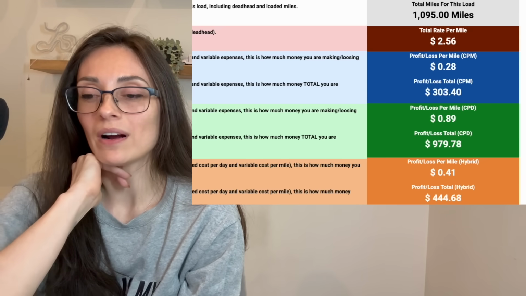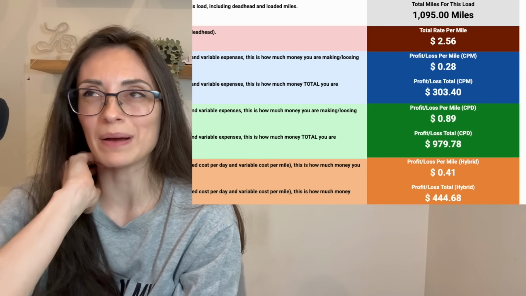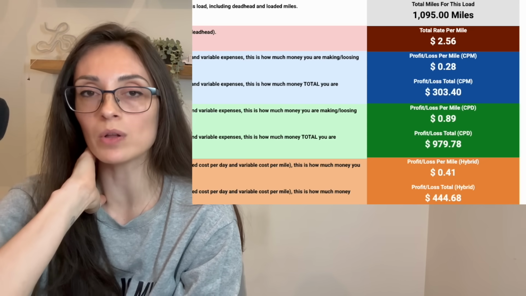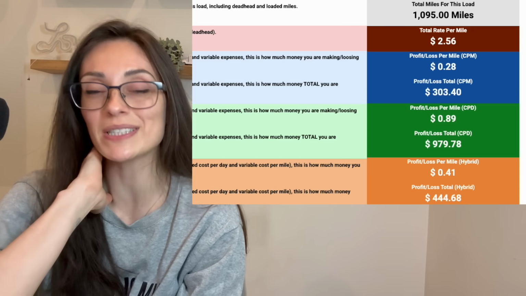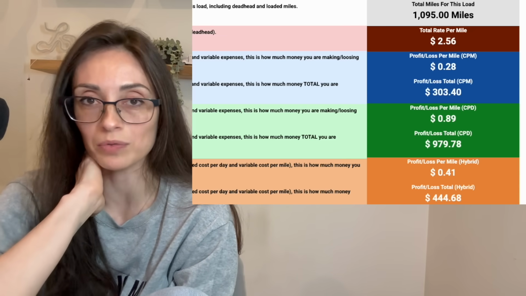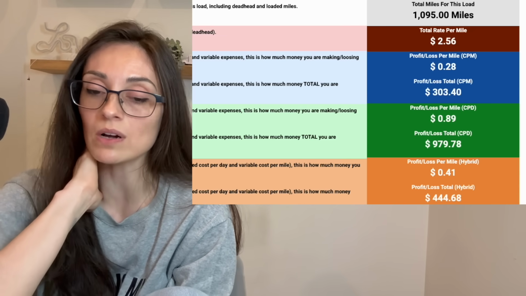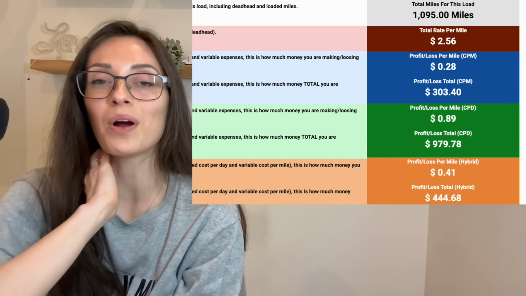This is the most accurate way of figuring out your profitability on any load. I don't know why there are no calculators like this. I was surprised when I came up with it. I'm like, this is so obvious. So what it does is it takes your variable cost per mile, because variable costs change depending on how much you run, fuel, for example. And it takes your fixed cost per day because fixed costs do not change regardless of whether you're running or parked.